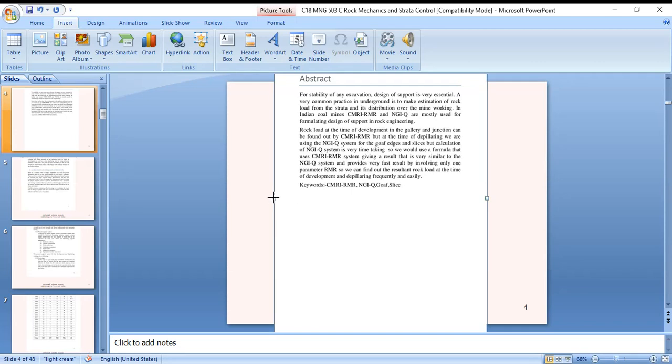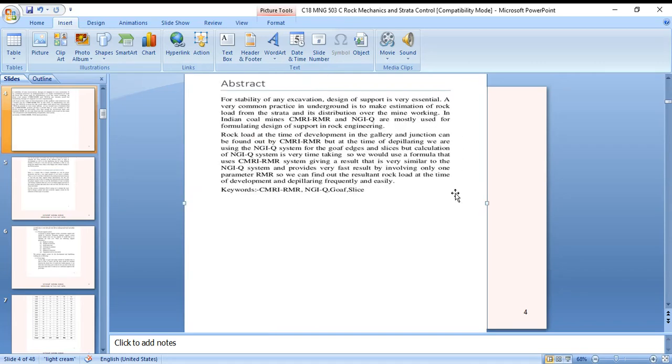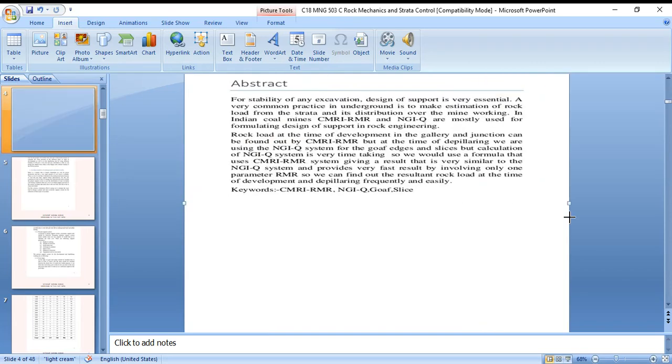The stability of any excavation and design of support is very essential.